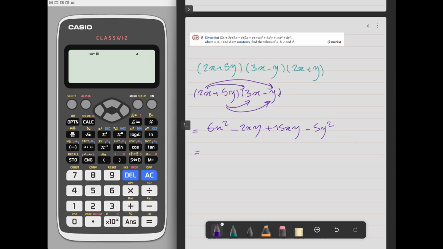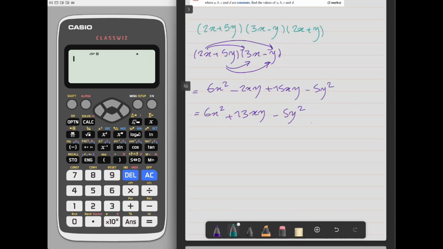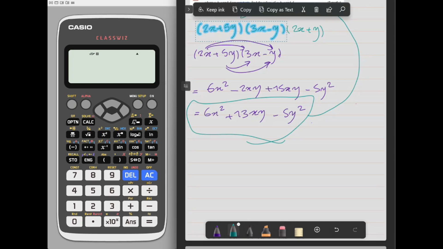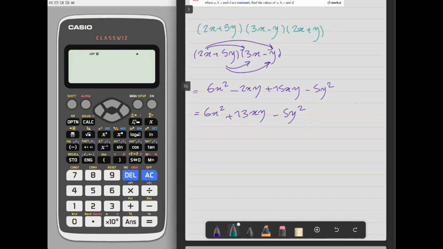It can be simplified as 6x squared plus 13xy minus 5y squared. Now I have to put this back here instead of these two. So I'm going to write 6x squared plus 13xy minus 5y squared times 2x plus y.